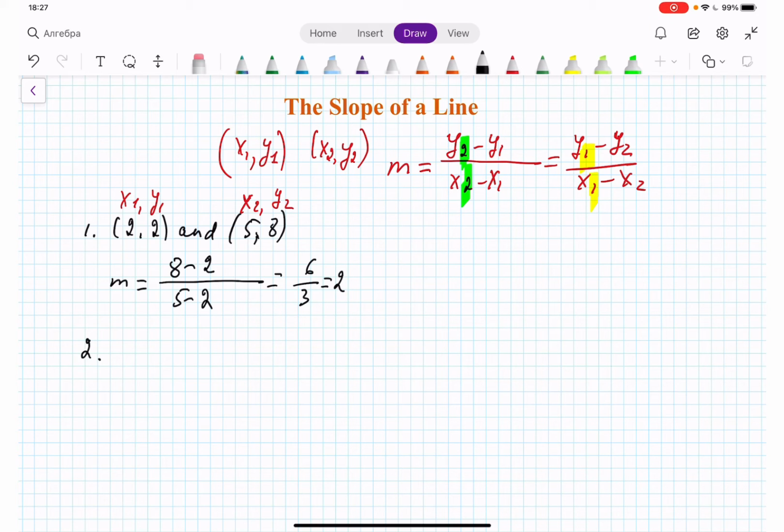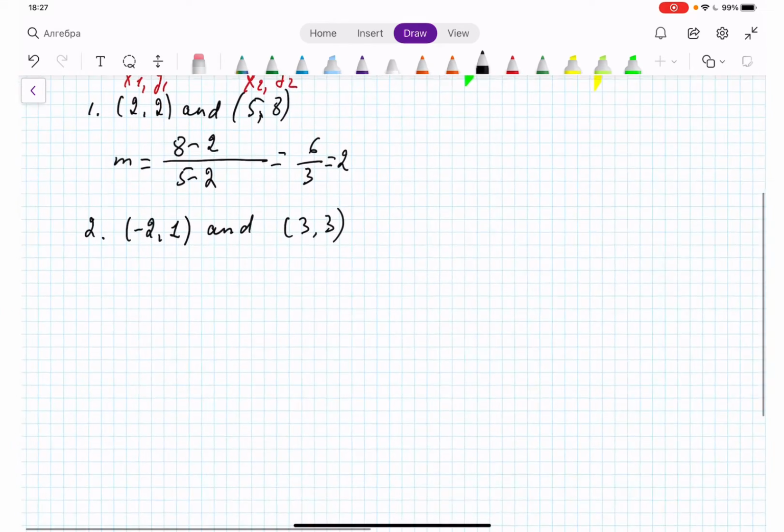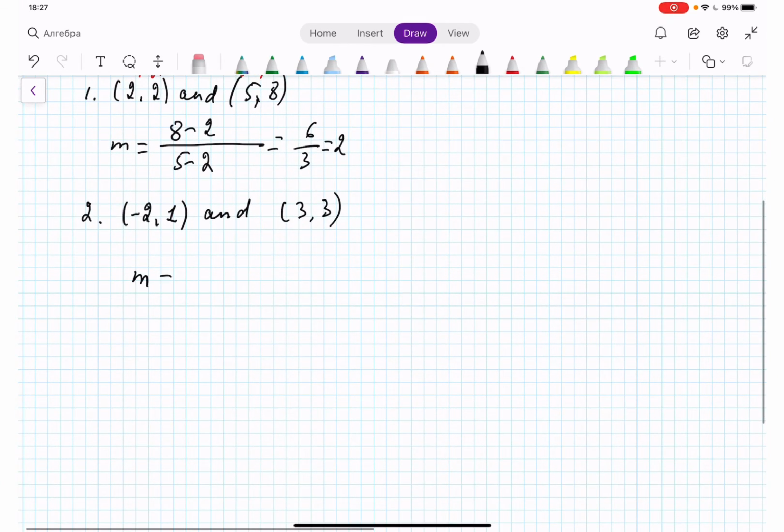Question number 2. We have negative 2 and 1, and 3 and 3. Okay, m is equal. This 3, because this is y2, right? y2, x2, y1, x1.